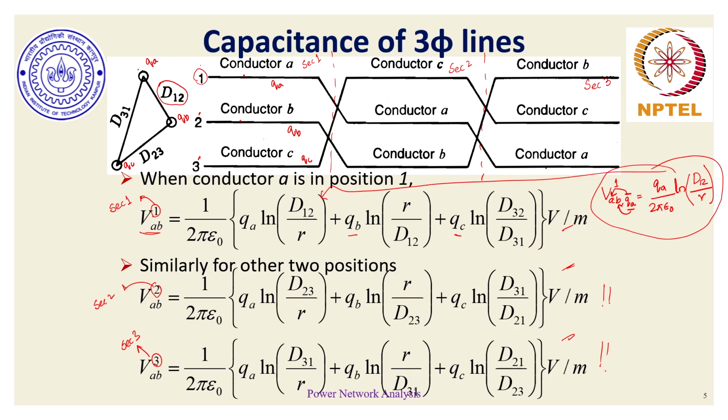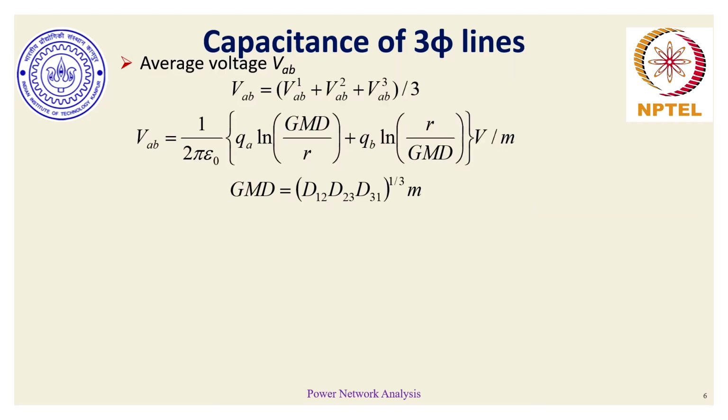So since I have 3 potential differences for the same 2 points A and B, where A and B themselves are changing their positions with respect to different transposition sections, we can approximate these values using the well-known arithmetic mean or average voltage concept. So VAB is the average voltage of the individual potentials coming in from the different sections. If we do that, the VAB expression turns out to be this simple term.